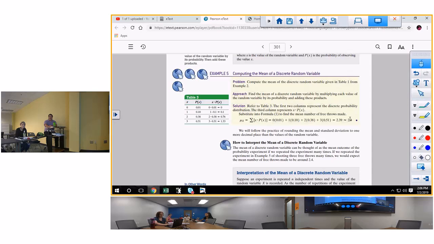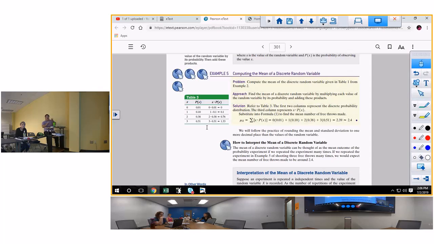It's either going to be 2 or 4. In this case, it's going to be 2 because it doesn't round up. So your mean is 2.4 free throws being made. So you could say a basketball player makes 2.4 free throws per game, because you took just this information.